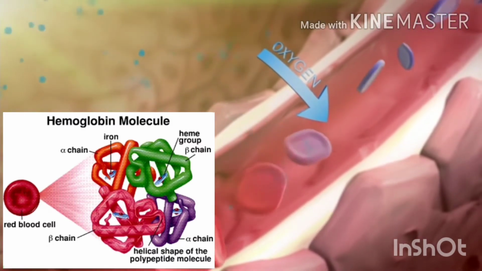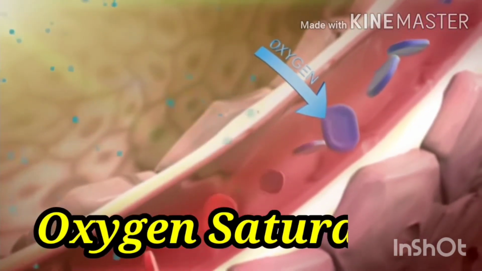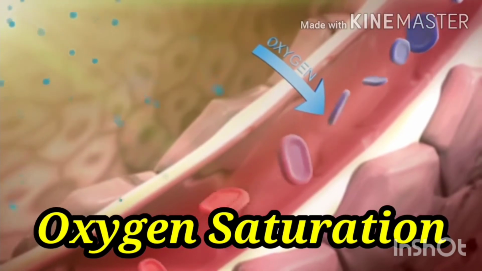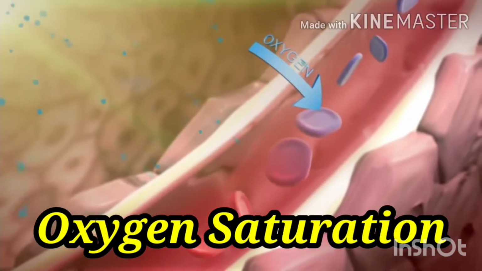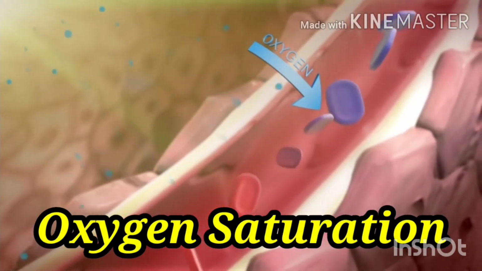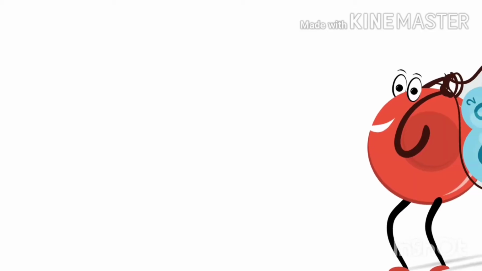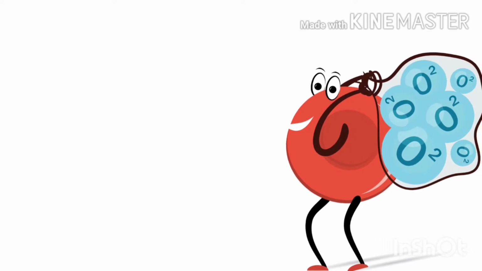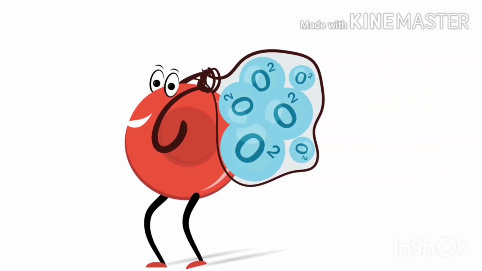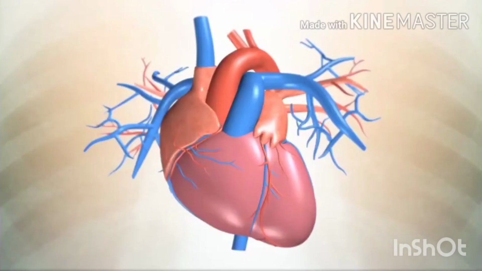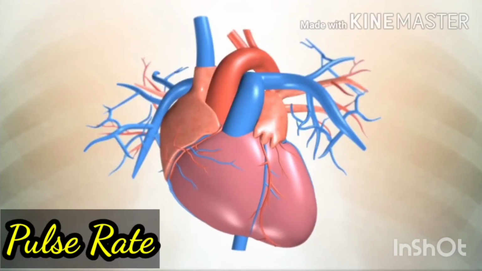With the help of oxygen saturation, we can calculate the amount of oxygen which is carried by the hemoglobin. And with the help of pulse oximeter, we can also measure the pulse rate.